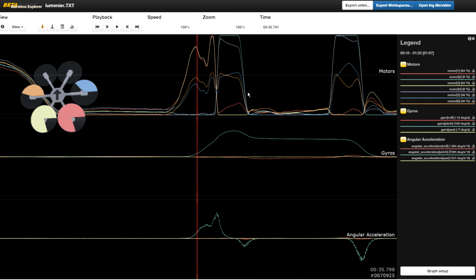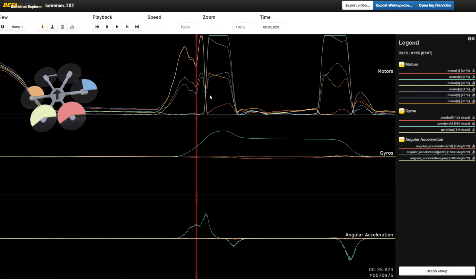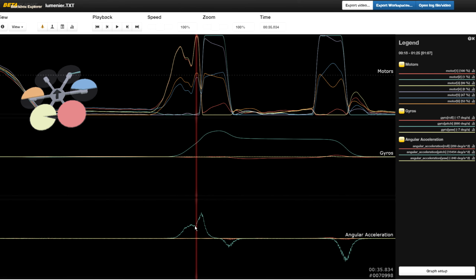But if we look here at where this second peaky impulse comes from, where we had just been slowing down the motors, the PID controller's asking for less, and then suddenly spikes the motors again, the motors have come up a good way, probably about half power there. And the difference between here, where we start asking for more power, and where we actually see it there, is a lot less. That ends up being only like 12 or 15 milliseconds until we actually start to see this second impulse come.